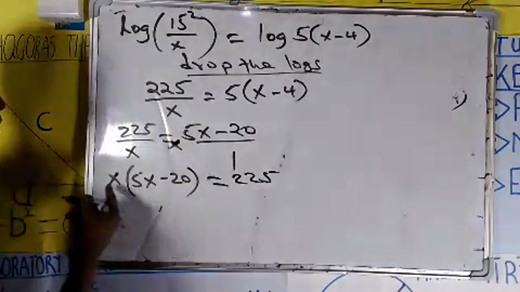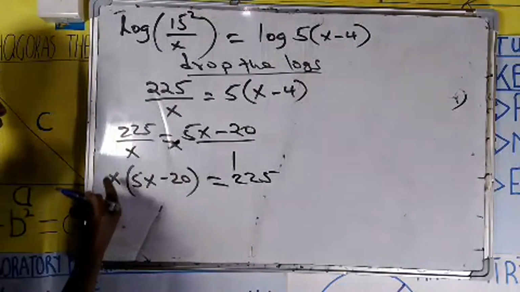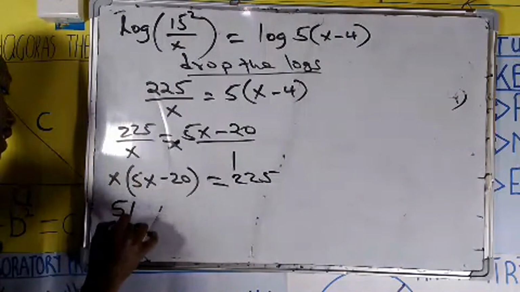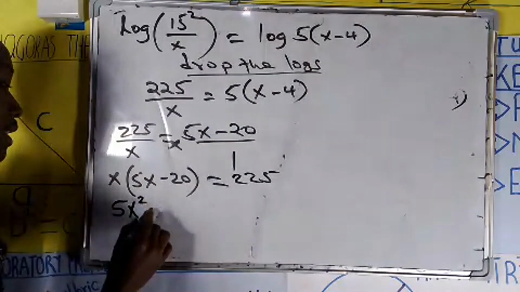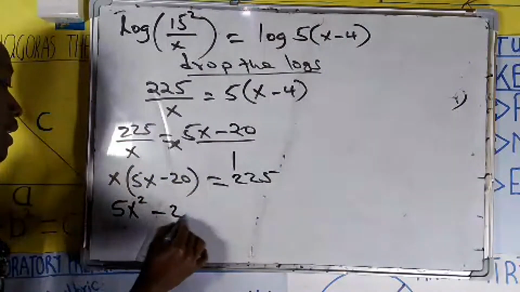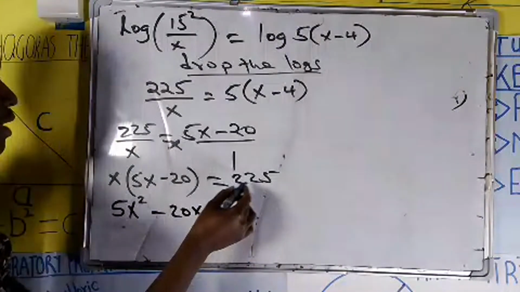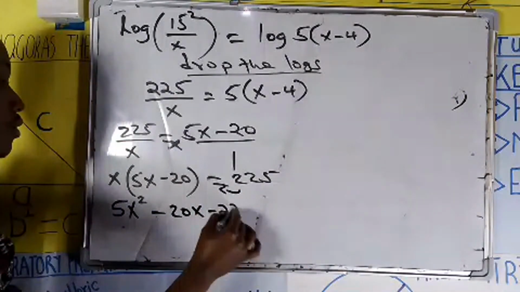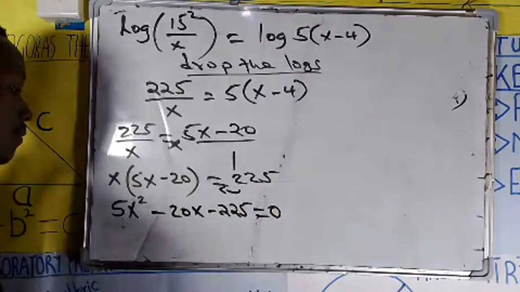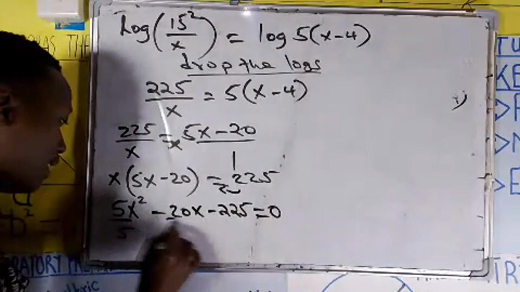Na tukifika hapo x times 5x is 5x squared, minus 20 times x is minus 20x. Then tuleta hii na huku itakuwa minus 225 is equal to 0. We can divide every side, everything by 5.